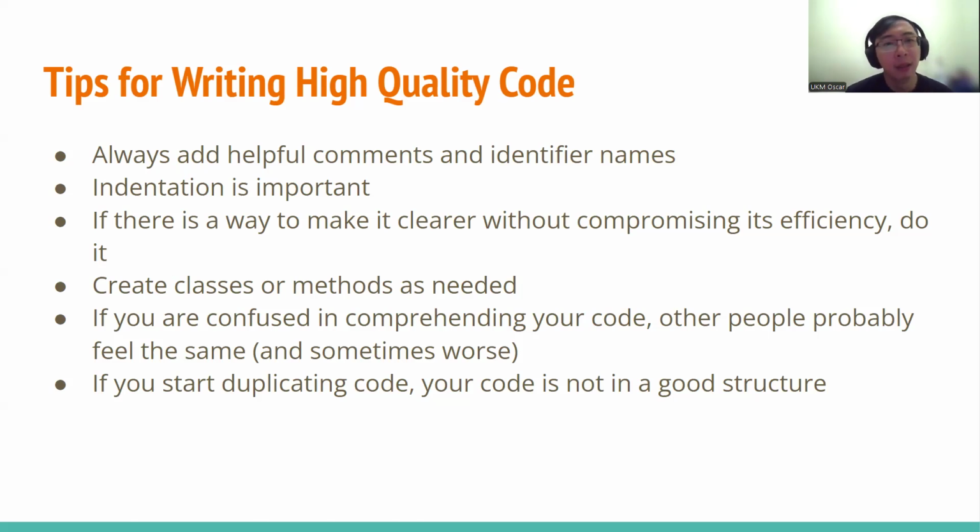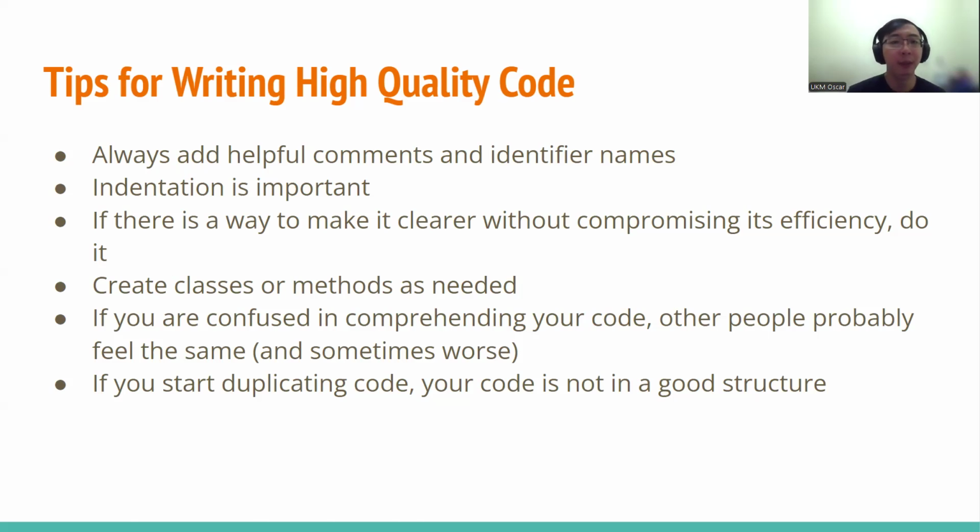And then, if there is a way to make it clearer without compromising its efficiency, do it. This might seem not relevant at some point. Maybe if you are a senior developer and you see that your code is readable enough, that might be true for you, but might not be true for junior developers.